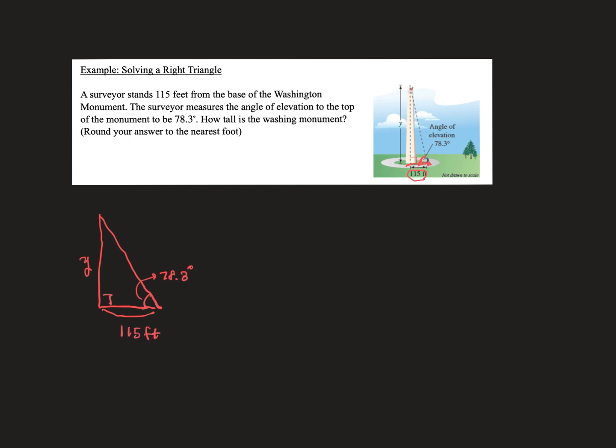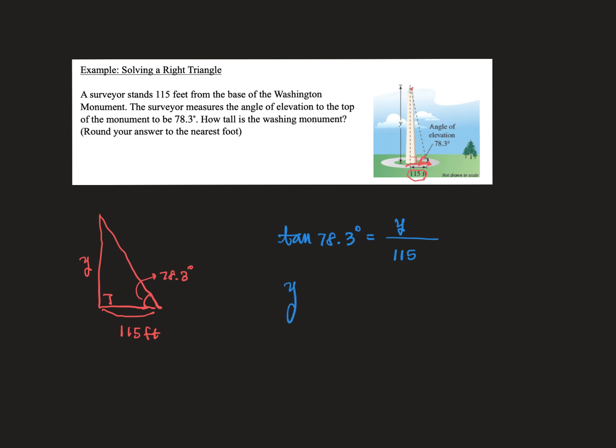When you see this, you have to decide which trigonometric ratio to use. You know the adjacent, and you don't know the opposite. What do you have to use? You're going to use tangent. Tangent of 78.3 degrees equals opposite y over adjacent 115. That's how you set it up.